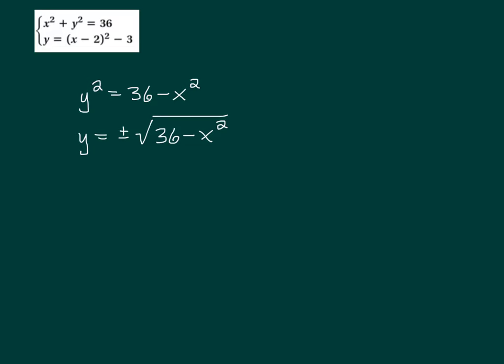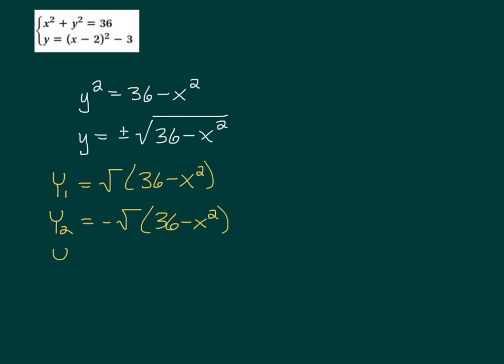So the 3 things we put in the calculator, y1 needs to be the square root of 36 minus x squared. y2 is negative square root of 36 minus x squared. And y3 is x minus 2 squared minus 3. Does it matter which one's y1, y2, y3? No. All that matters is that you definitely have this one, you definitely have this one, and you definitely have this one in one of those 3 spots.